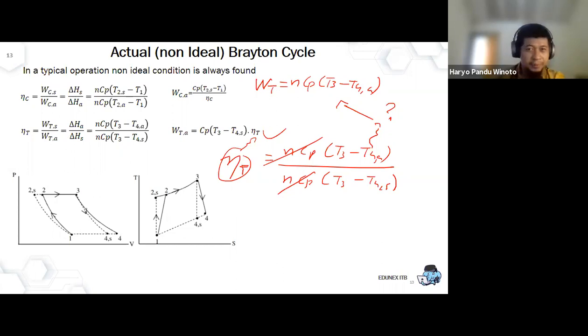Typical is there. When you buy a turbine from Rolls-Royce, suppose, or GE, General Electric. I'm not sure, I've never bought a gas turbine, but you can see from their PDF. I want to buy a turbine, Allison turbine or Rolls-Royce turbine, and I want to see your typical isentropic efficiency.